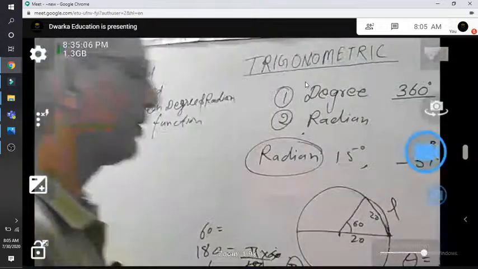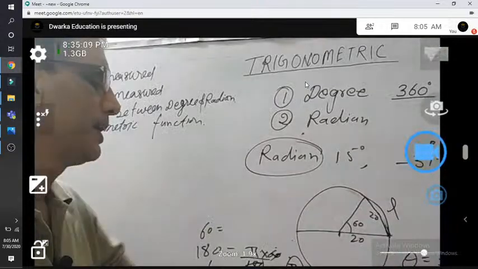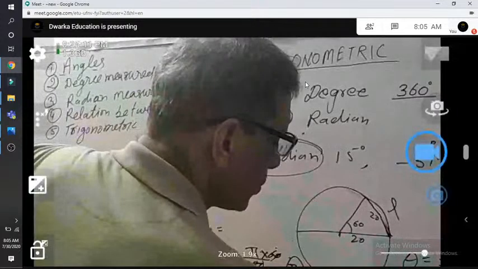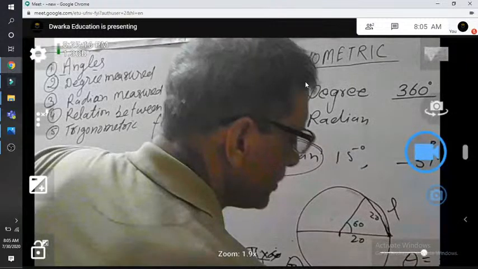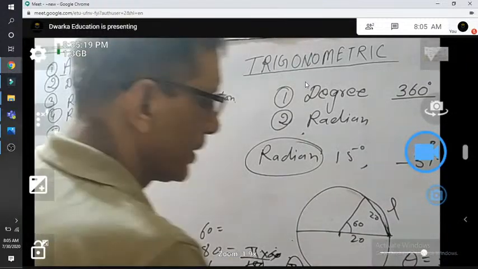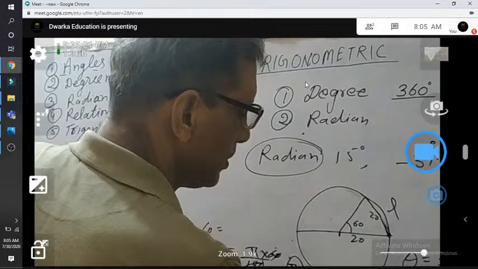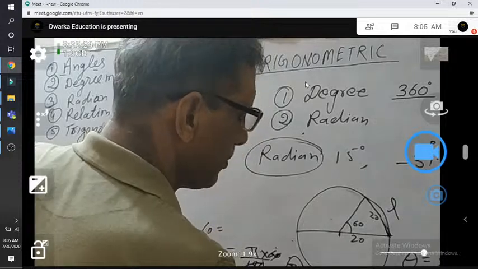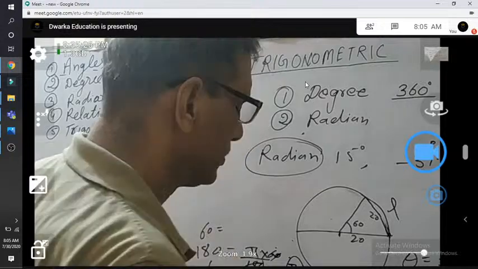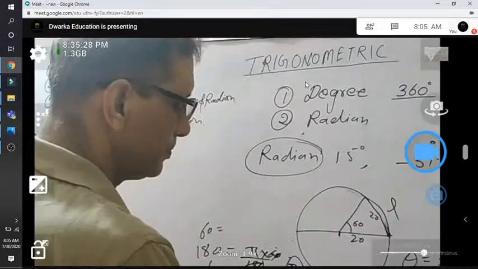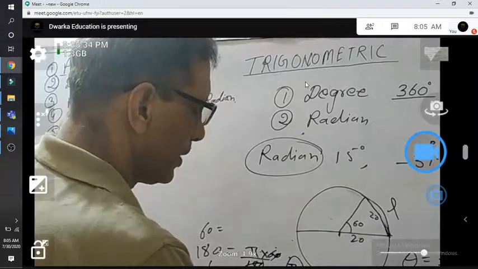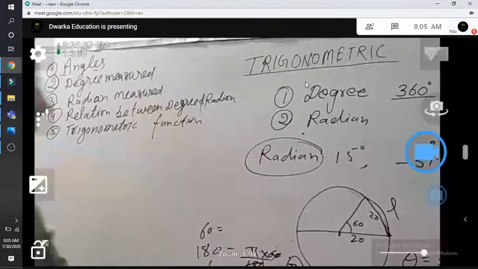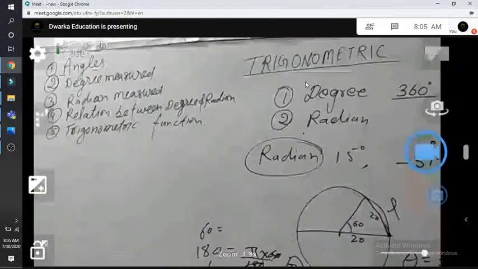Here we put the value of pi is equal to 22 by 7 into 20 by 3. And we can solve this.